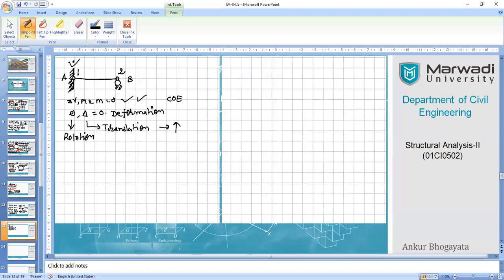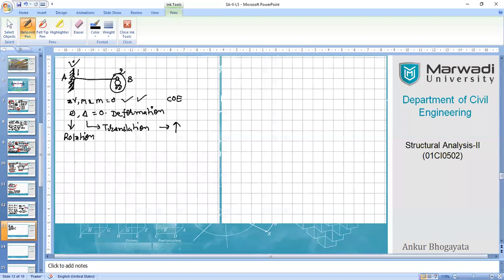Similar to this condition, at every joint, according to the type of support, when you are fulfilling the deformation requirements, then we can say that it is following the requirement of consistent deformation. Consistent means persisting, that means continuous, right? And consistent deformation means the deformation stability or safety should be maintained at every joint.